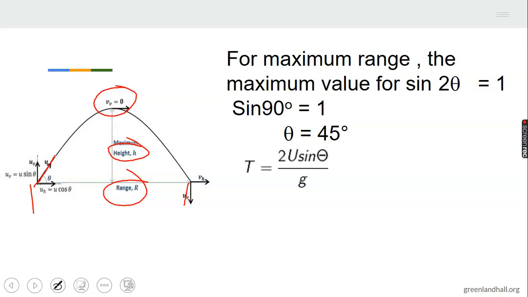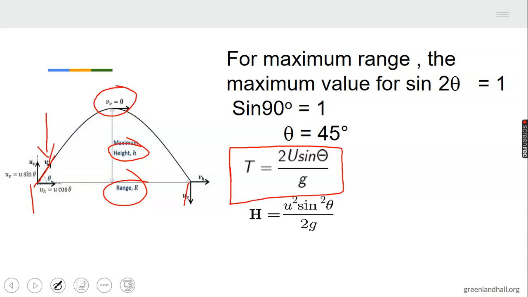Now, this is the formula to calculate our time of flight. Time will not permit us to derive this formula, but you can choose to do that at home. The formula to calculate our time of flight, where u is the initial velocity, is 2u sine theta all over g.